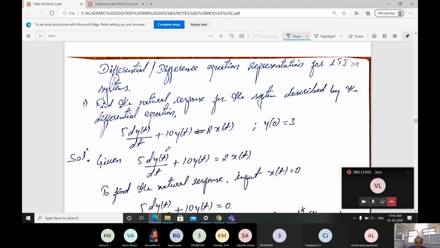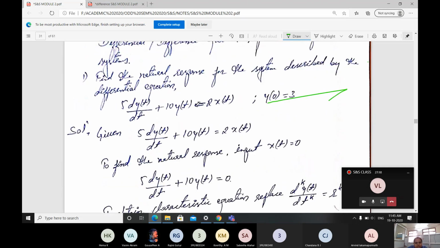Here the differential equation is given, that is 5 dy(t)/dt + 10 y(t) = 2 x(t), with y(0) = 3. This is the condition given for us. They told us to find the natural response. This is very important. It will be asked for 6 to 8 marks, in all the problems based on this topic.